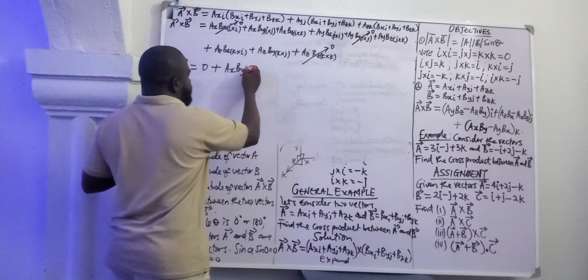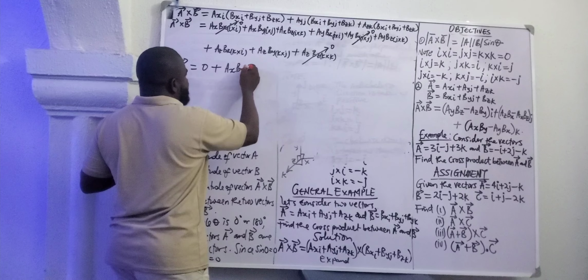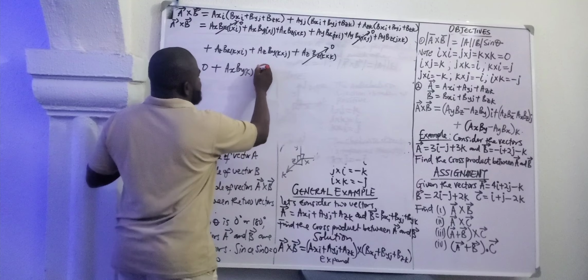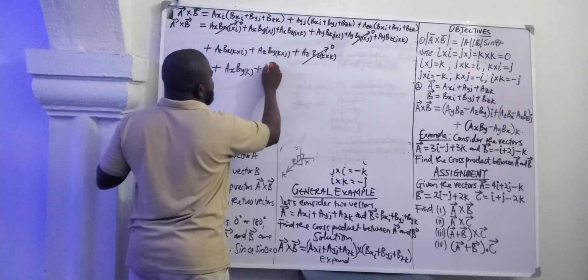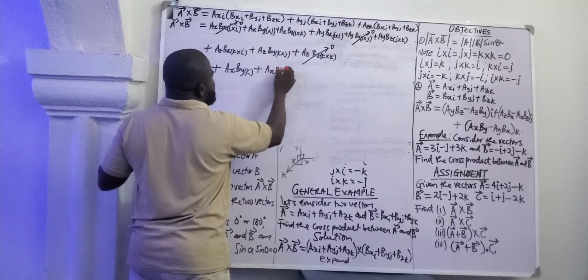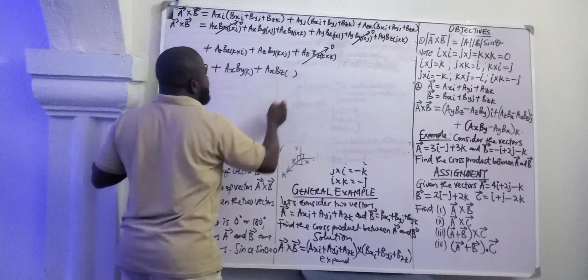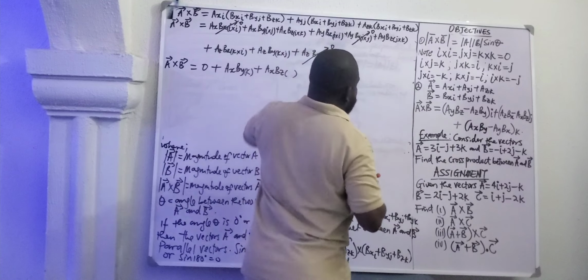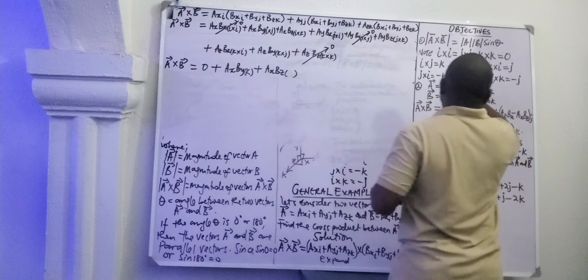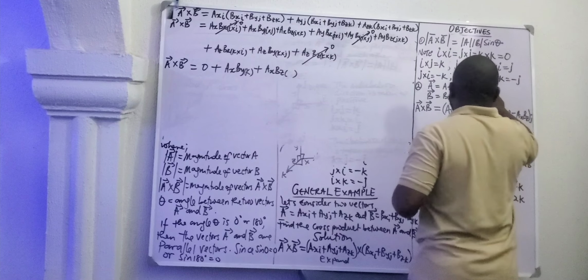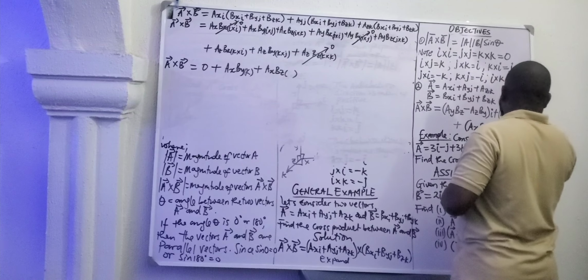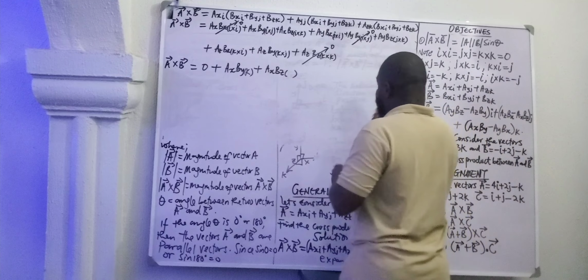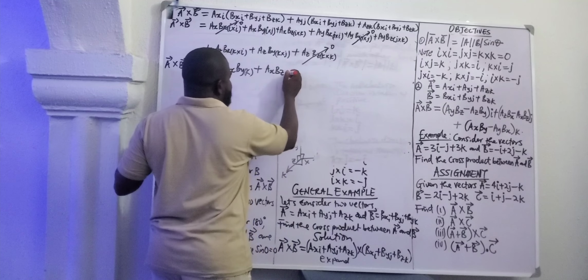I will replace it with vector k. Plus I have AX BZ i cross k. I cross k is minus j. So I put minus j here.